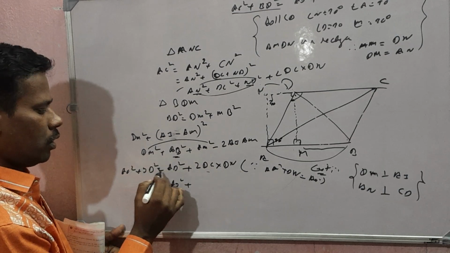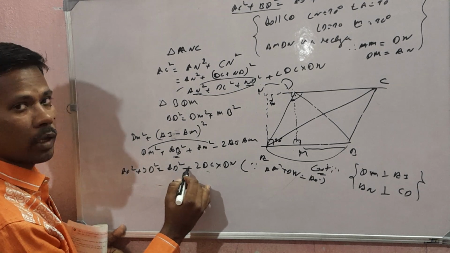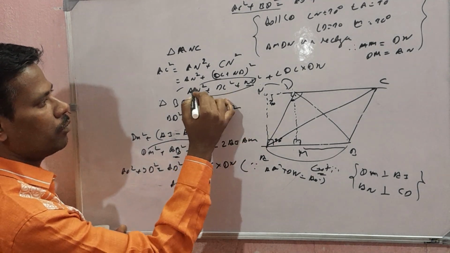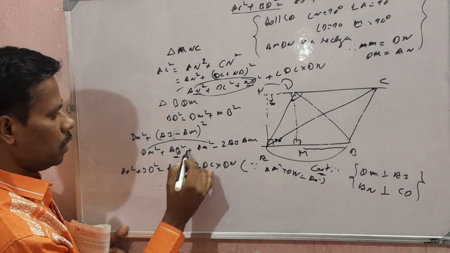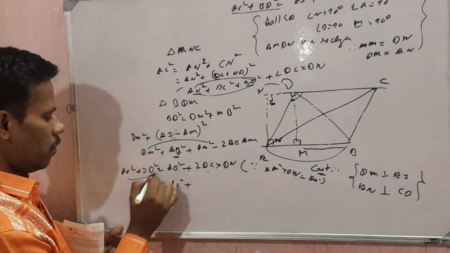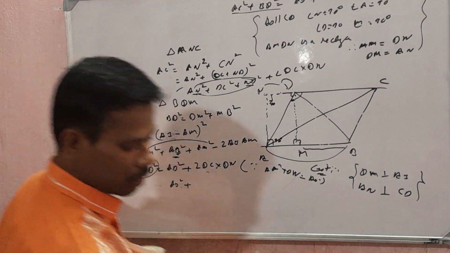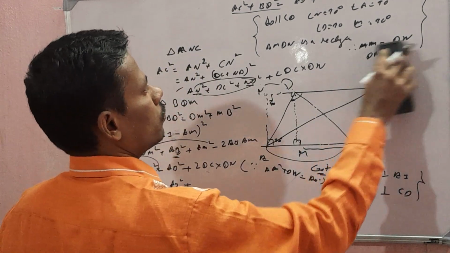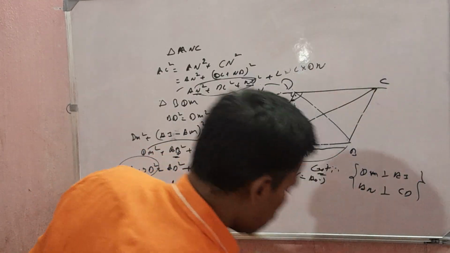AC square plus BD square is equal to this one, AD square. How did I get AD? Because I clubbed this and this. Here in brackets I have written plus AB square as it is. I am adding these two: AB square plus DM square plus AM square.